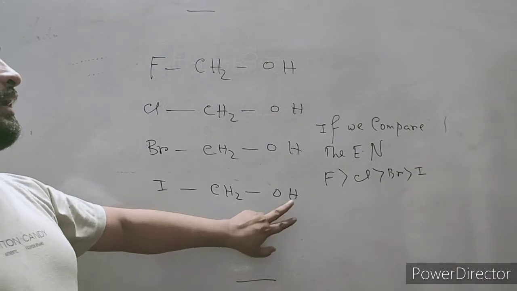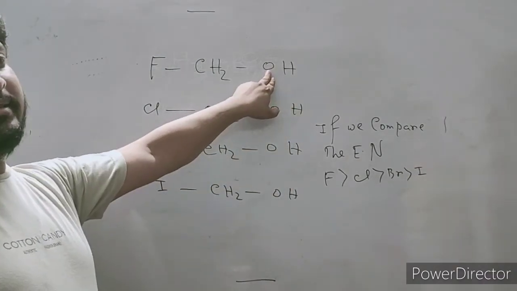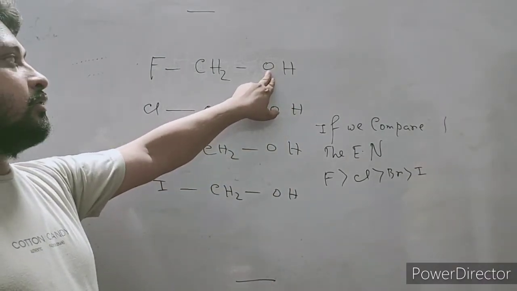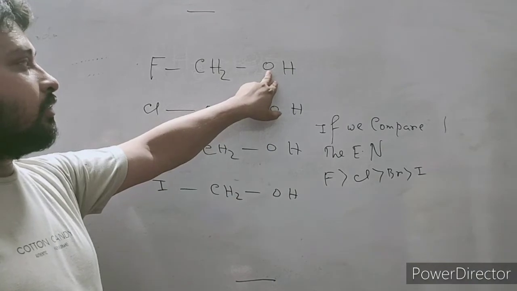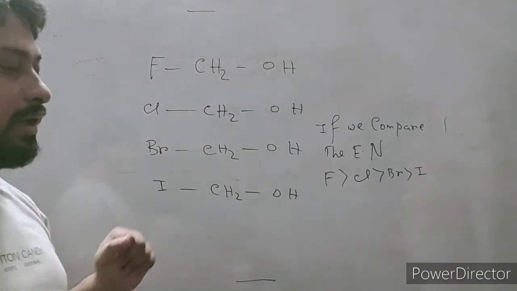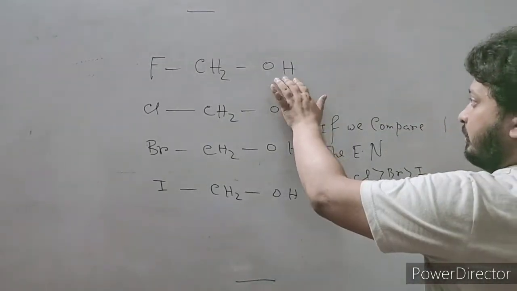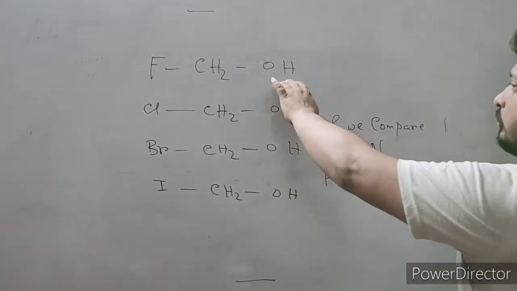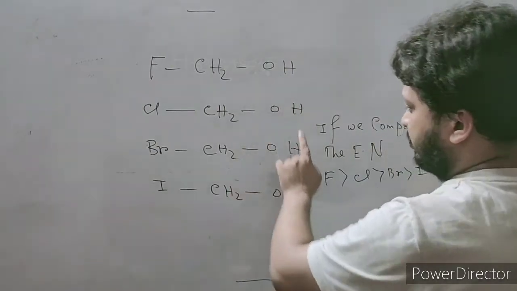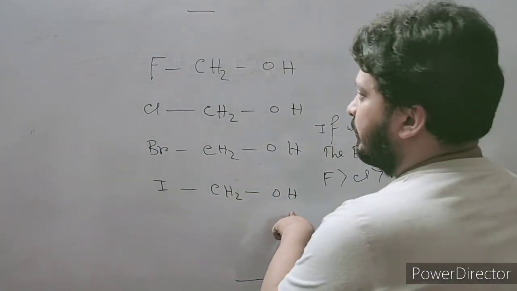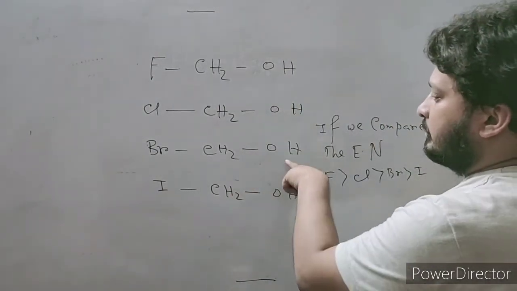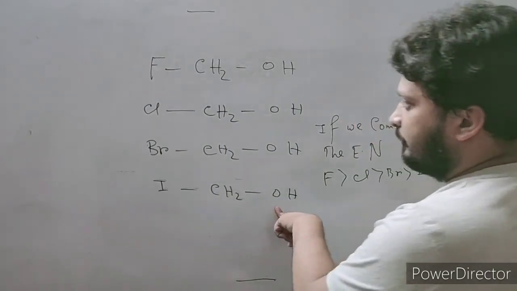So the electron density on oxygen is decreasing for case 1, so H plus can easily be donated in case 1. So this is more acidic compared to the others.